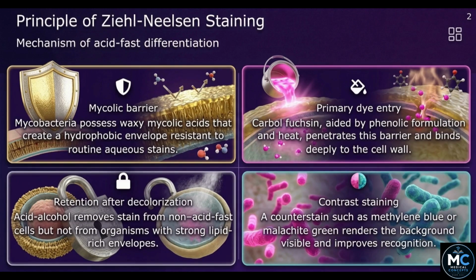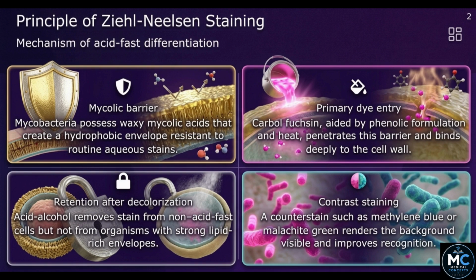Principle of Ziehl-Neelsen staining. The Ziehl-Neelsen principle is built on lipid-rich cell walls, dye penetration, and selective retention after acid-alcohol treatment. Mycolic barrier. Mycobacteria possess waxy mycolic acids that create a hydrophobic envelope resistant to routine aqueous stains. Primary dye entry.